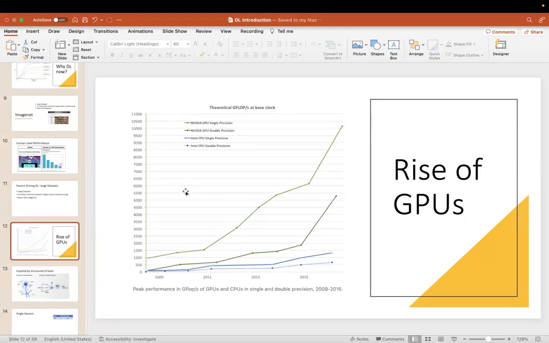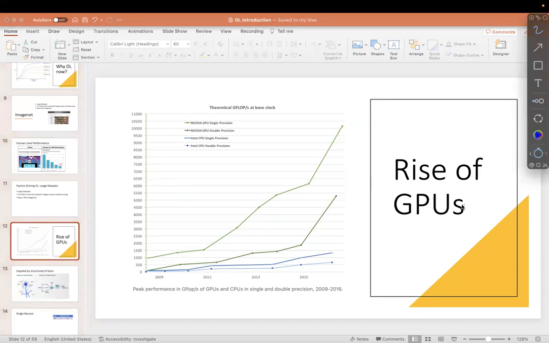And the second one is the rise of GPUs. As the number of parameters increased, people started building larger and larger neural networks, and more data was available. There was also a need for very large computational resources which can do these computations, especially matrix multiplications, faster. People saw that GPUs, which were primarily designed in the earlier days for gaming, were best suited for this, and they can do computations much faster.